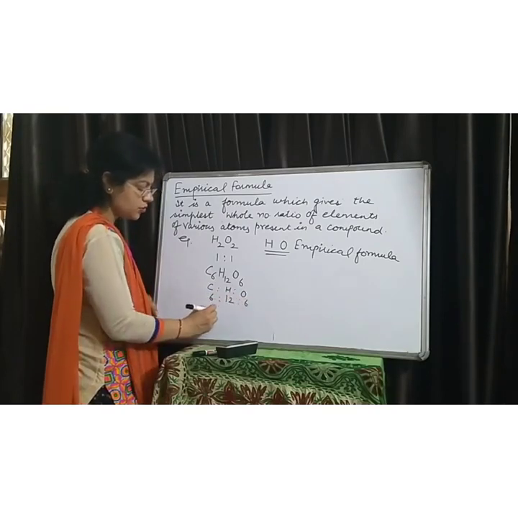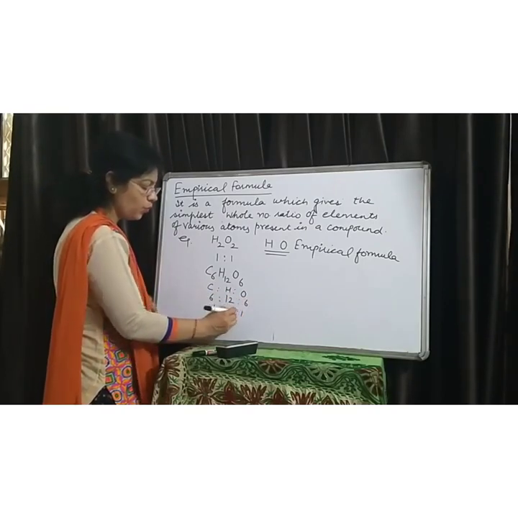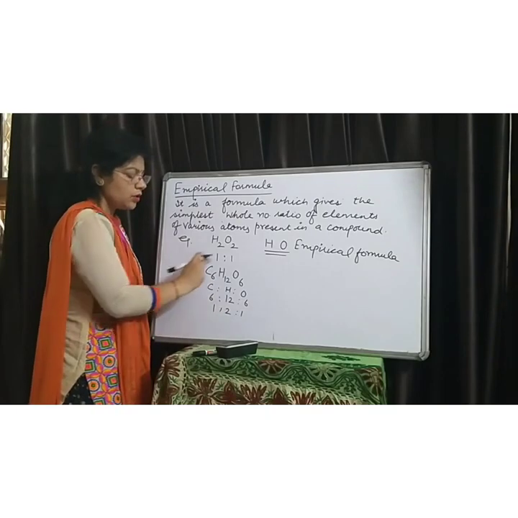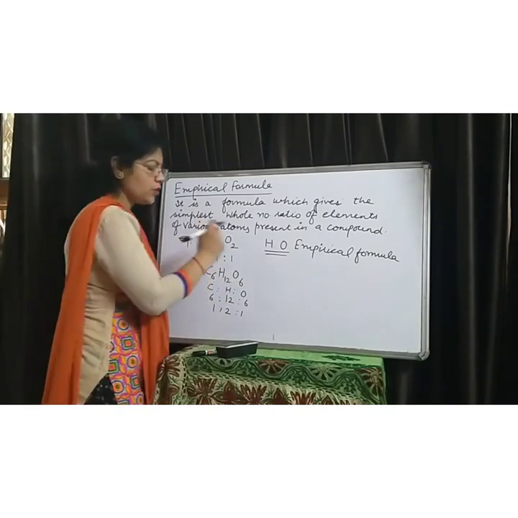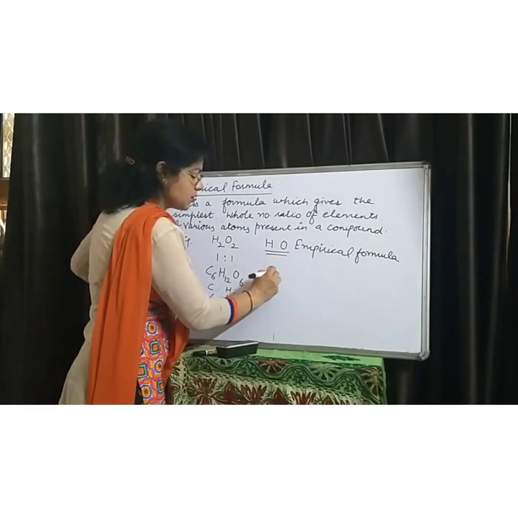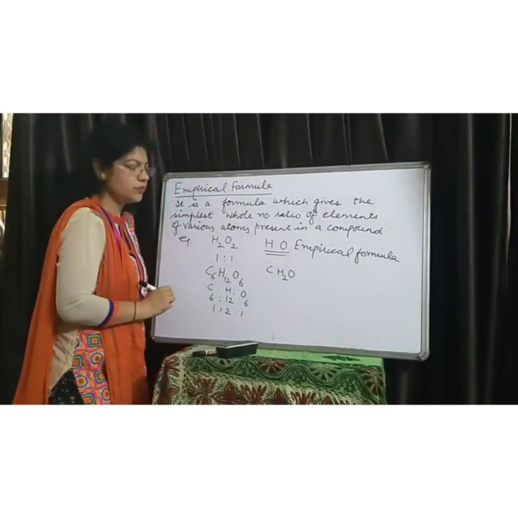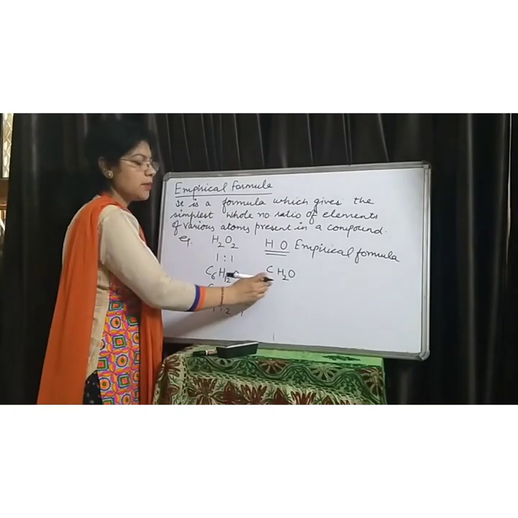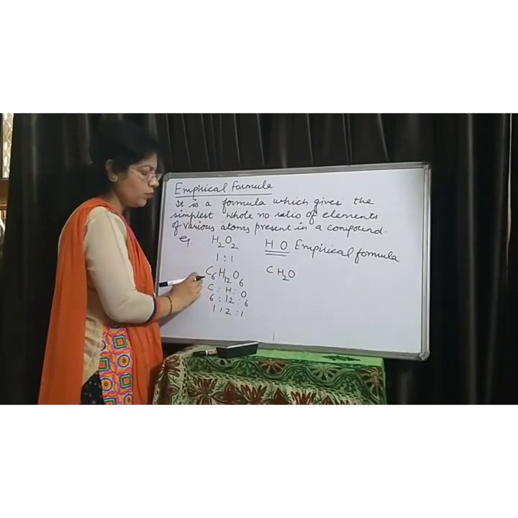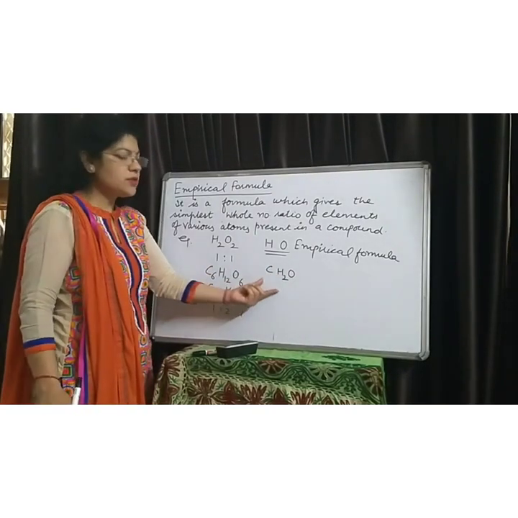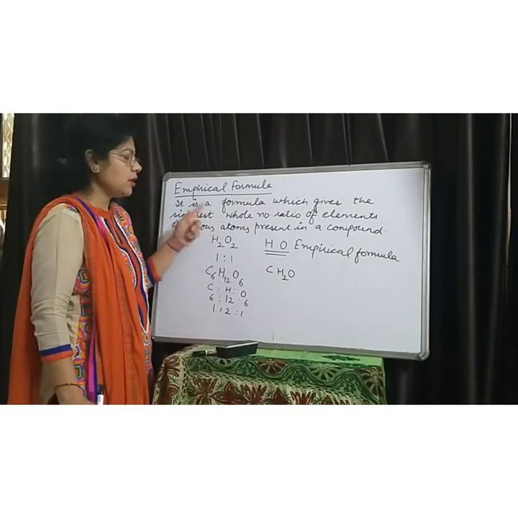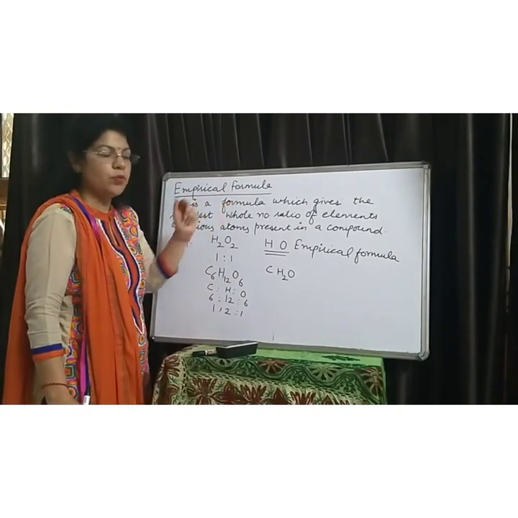So the simplest ratio is 1:2:1. So the empirical formula of glucose is CH2O. This simplest formula is known as the empirical formula.